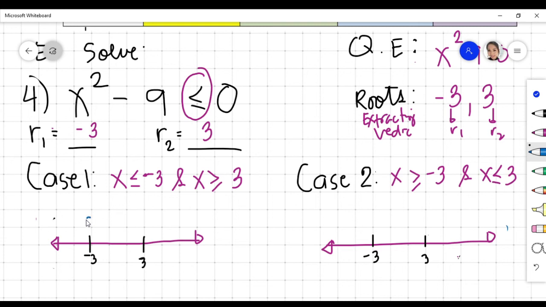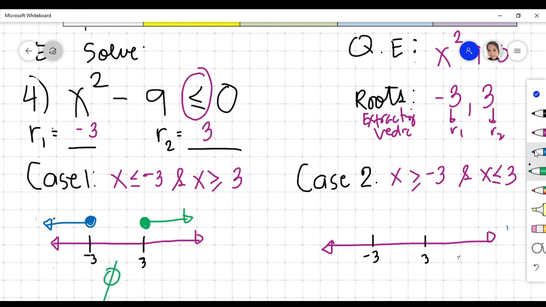So put a shaded circle since it's less than or equal to, and it moves to the left. And for x greater than or equal to 3, shaded circle, and it moves to the right. Now, do we have an intersection? No, we don't have an intersection. Therefore, this is an empty set.